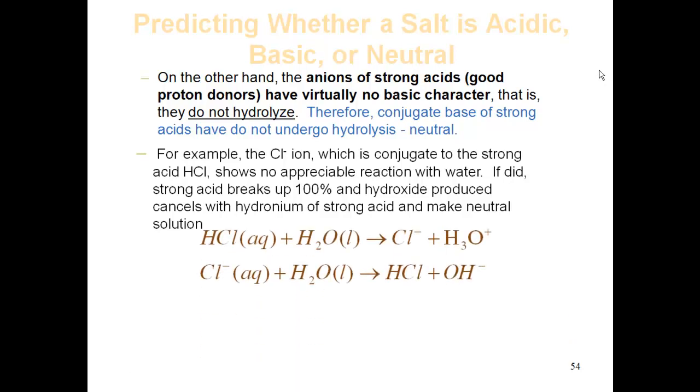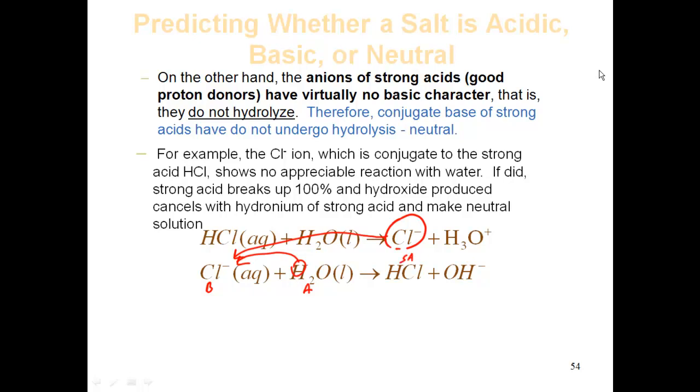I have HCl, which is a strong acid, so it breaks up into Cl- and H3O+. Since Cl- is a conjugate base, it seems reasonable that we should be able to undergo hydrolysis with that species, with water, with Cl- being the base and water being the acid, which means my proton will be donated, which will form HCl and OH-. Well, in that process, I made HCl. What is HCl?